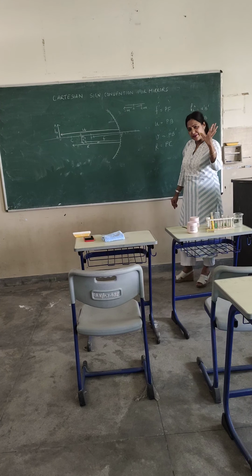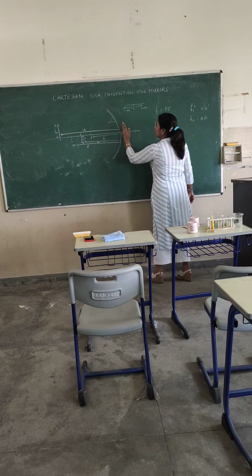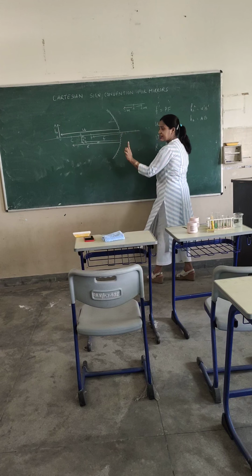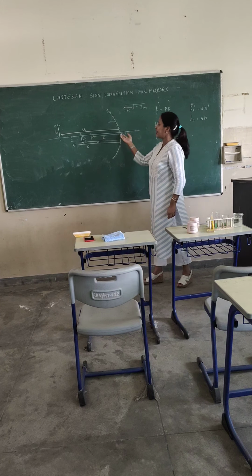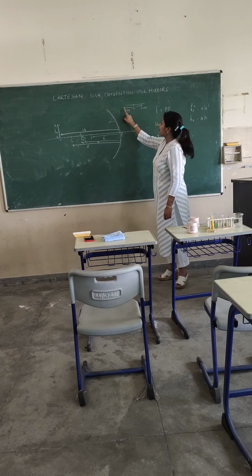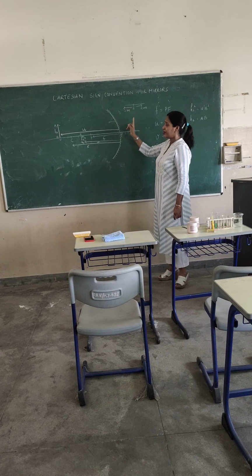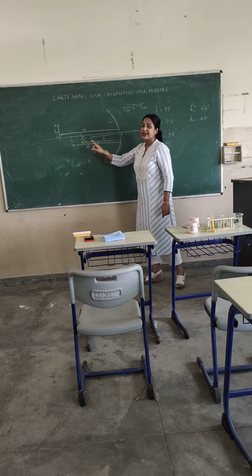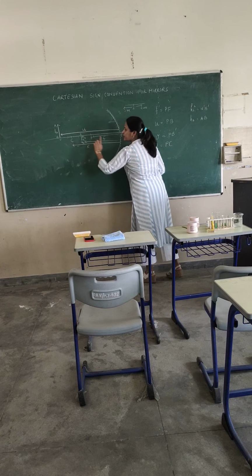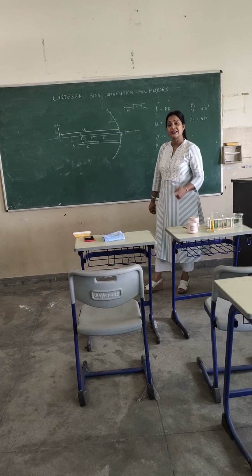The same concept will be used. This is the mirror, this is the pole. Whatever distance we measure on the left hand side of the mirror, all those distances measured on the left hand side of the 0, will be taken as negative.